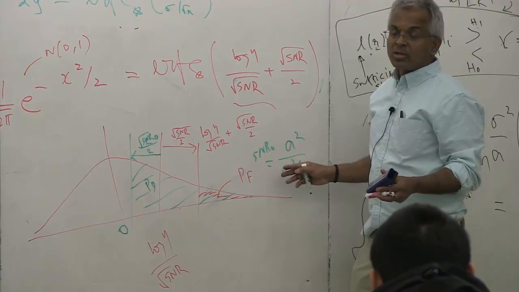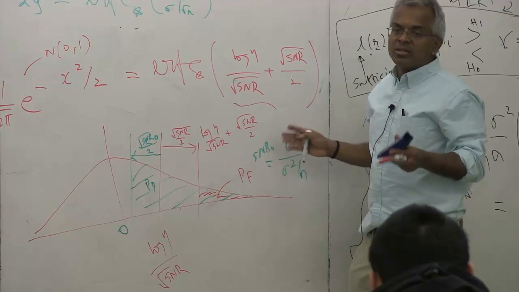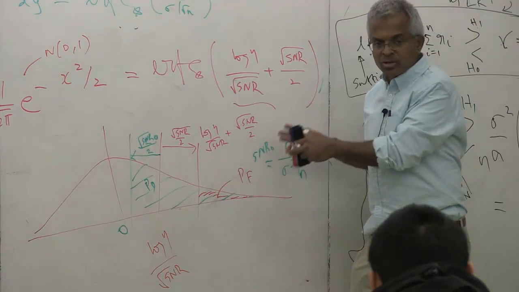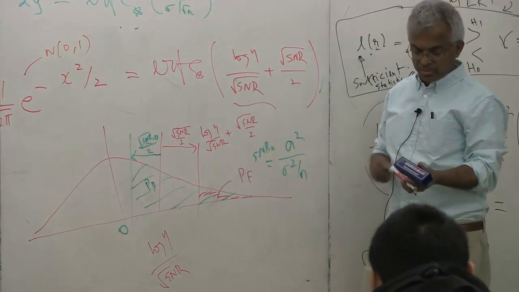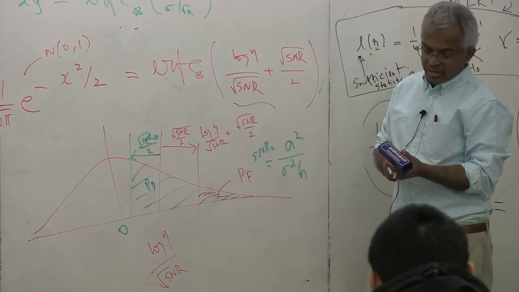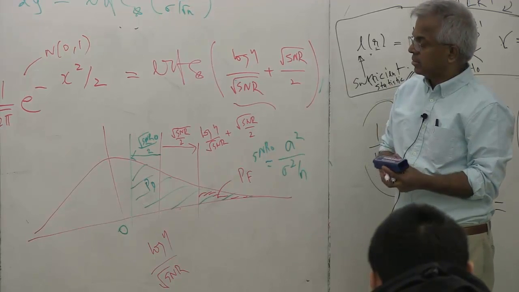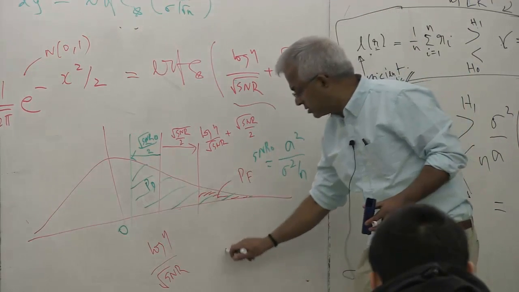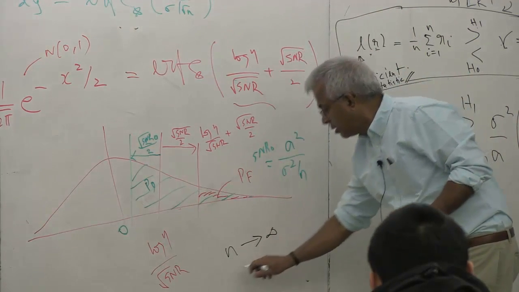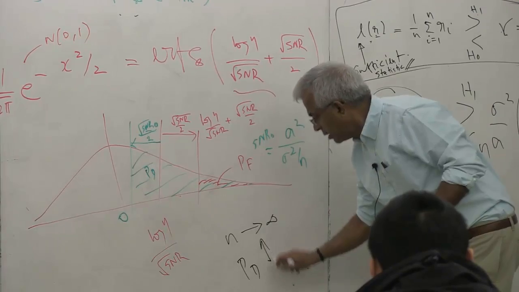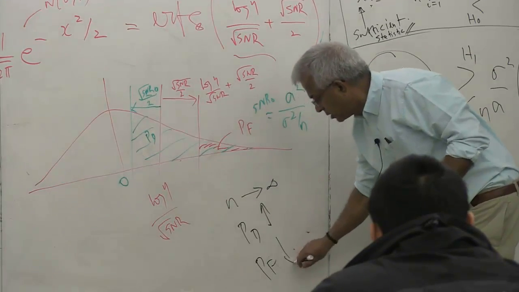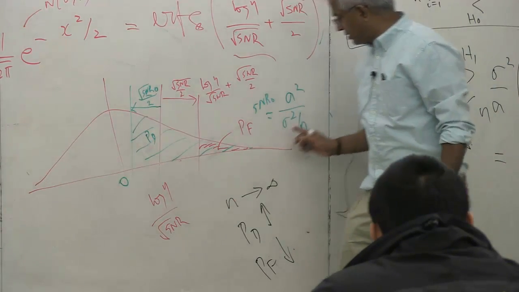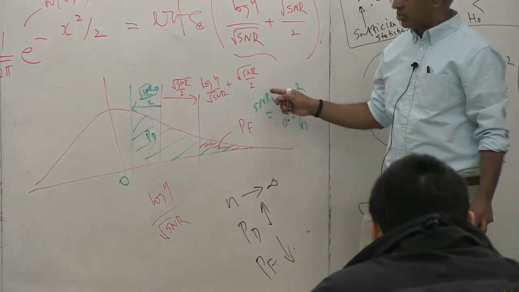So you couldn't have made all these deductions without actually solving the expression. You can't just look at it and decide. So look here, even if n increases, PD will increase and PF will decrease, because if n is increasing, the signal to noise ratio is increasing.